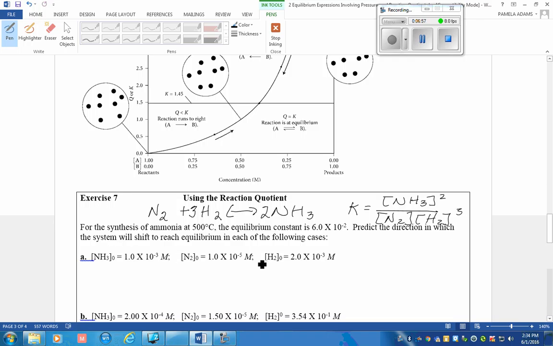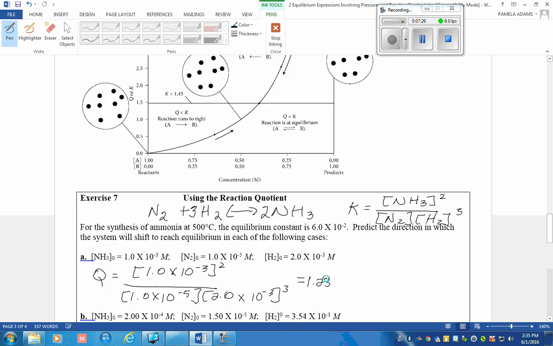So they give us these sets of concentrations, and we're calling them Q because we don't know if they're at equilibrium or not. So we take the products, divide by the reactants, and we come out with a number that is 1.25 times 10 to the 7th.